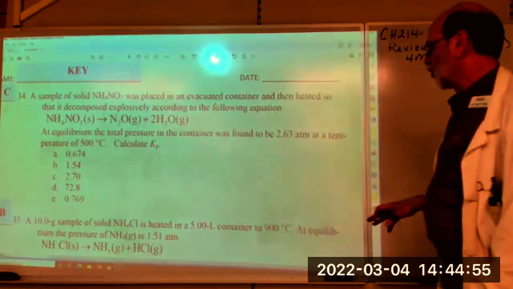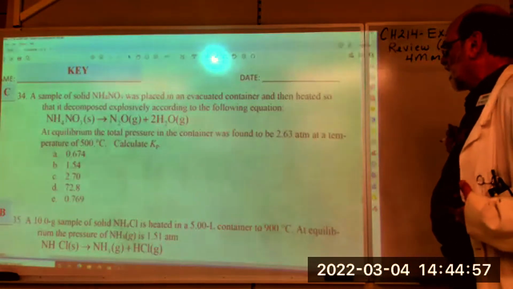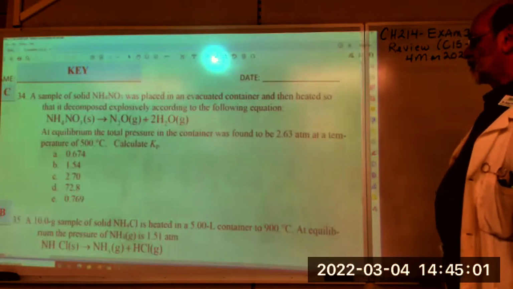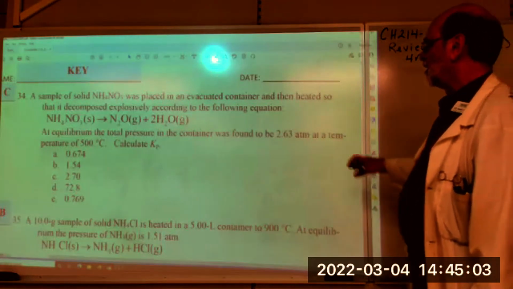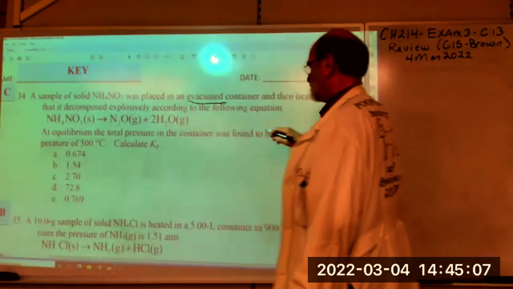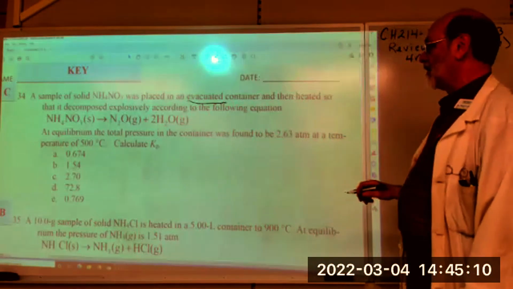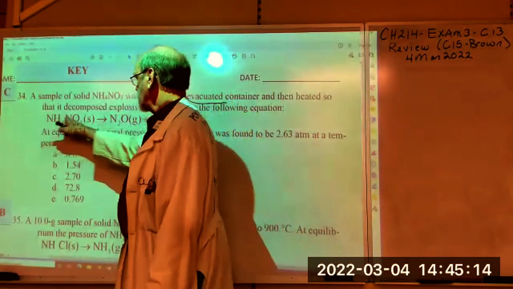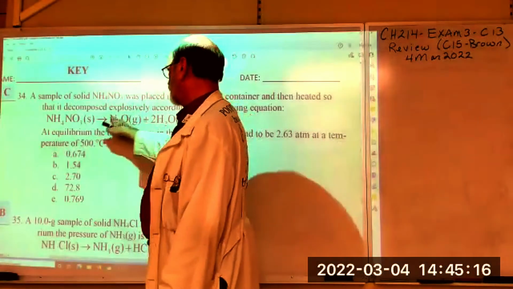At equilibrium, the total pressure in the container was 2.63 atmospheres at a temperature of 500 C. Calculate Kp. Evacuated container. That's important. All the gas in that container now is this. All of this decomposes into that.